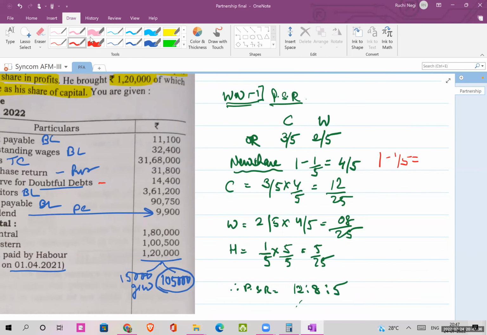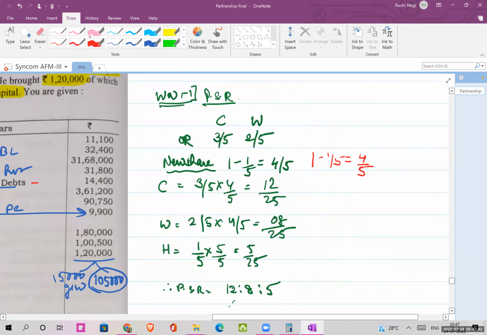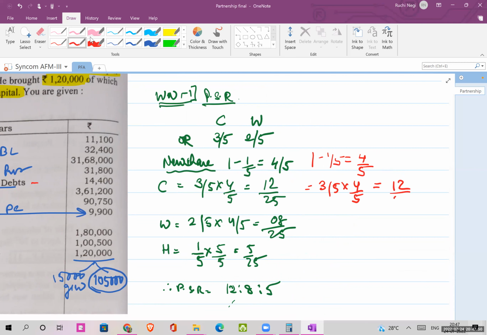So cross multiply, 5 ones are 5 minus 1, 4. So 4/5. Okay. So if I want to calculate Central's share, so Central is how much? 3/5 into the new share, 4/5. So this is 3 fours are 12 and this is 5 fives are 25. Then when I want to calculate for Western, it will be 2/5 into 4/5. So 2 fours are 8, so this will be 8 by 25.